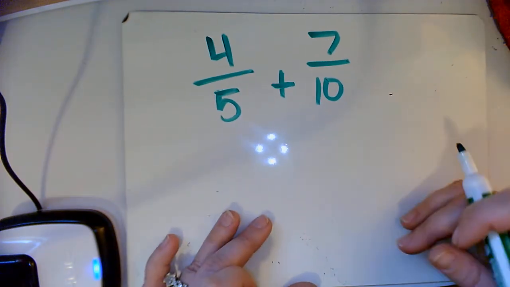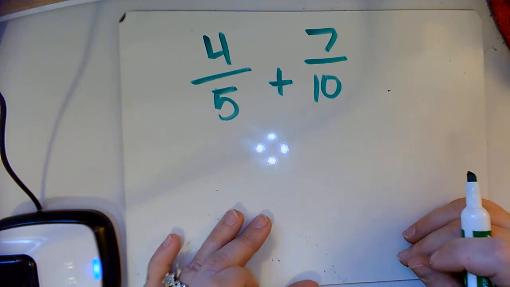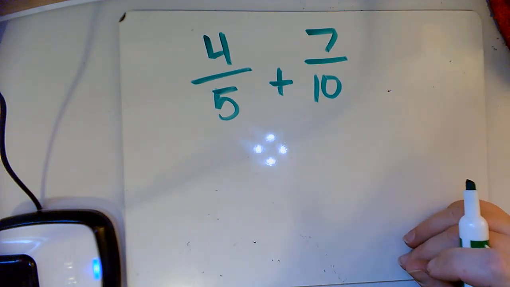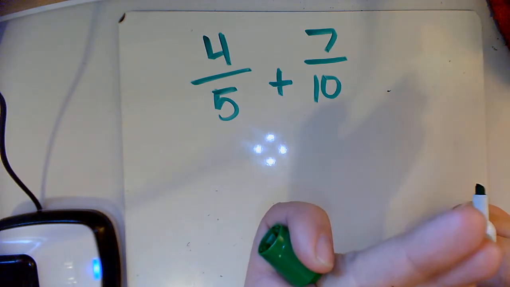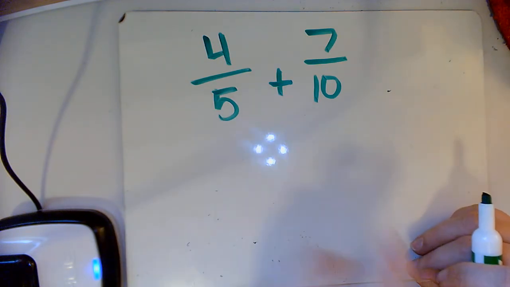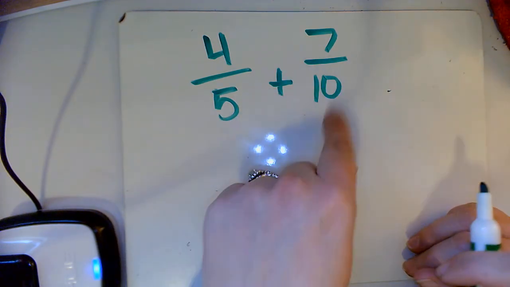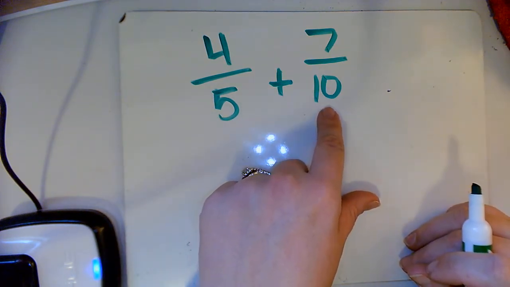All right, 4/5 plus 7/10. So if you want to draw an area model or a tape diagram to represent it, you can, or a number line. We're going to work on just what does this look like if all we're going to do is find the connection between our denominators. So our denominators are 5 and 10. Can I convert 5 to 10? Using multiplication?